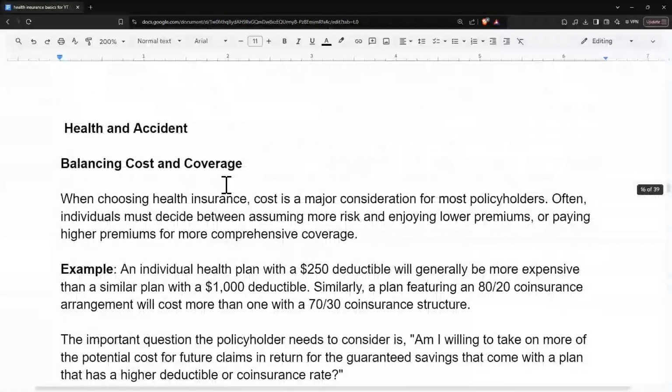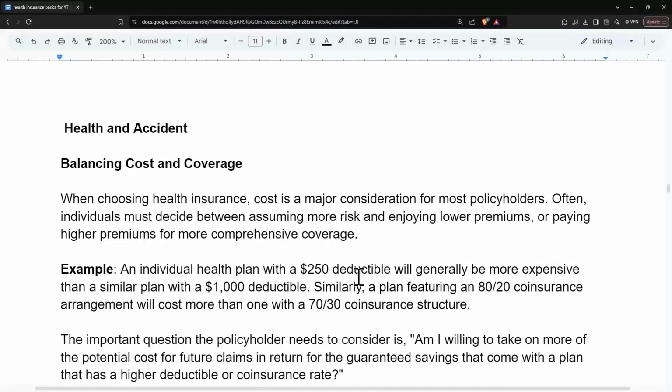Balancing cost and coverage. So when choosing health insurance, cost is a major consideration for most policyholders, okay? Often they have to choose between assuming more risk for lower premiums or paying higher premiums for more comprehensive coverage. So, for instance, a health plan with a $250 deductible, we cover deductibles in Basic Concepts video 1.